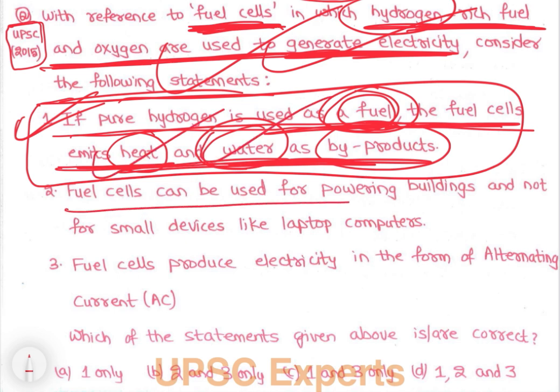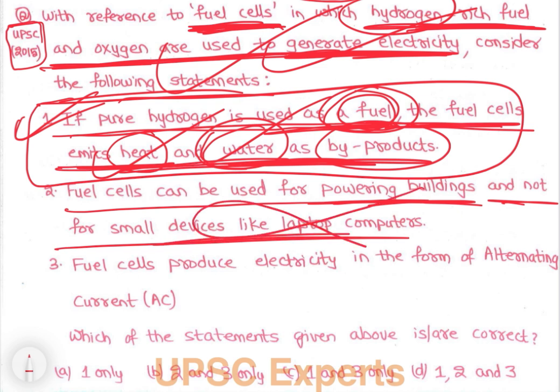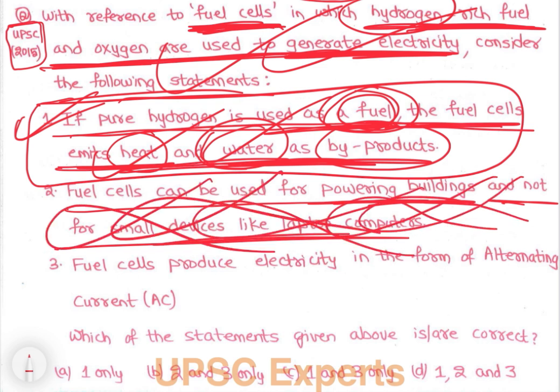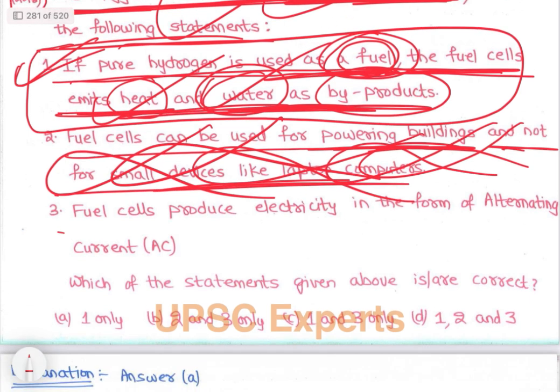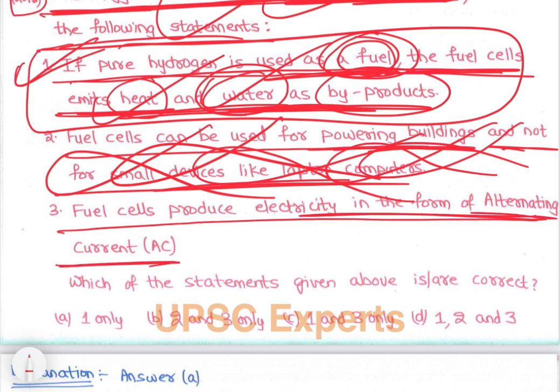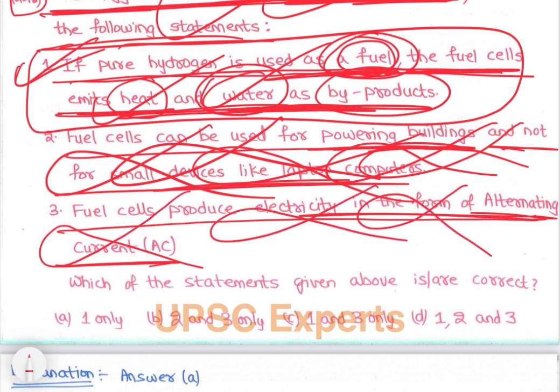Then, fuel cells can be used for powering buildings and not for small devices like laptop computers. No, we checked fuel cells can be used for small devices also, laptop, phone. उसमें भी hydrogen fuel cells use कर सकते हैं. Then, fuel cells produce electricity in the form of alternating current. No, they produce direct current, जैसे electron से directly current आ रहा है.